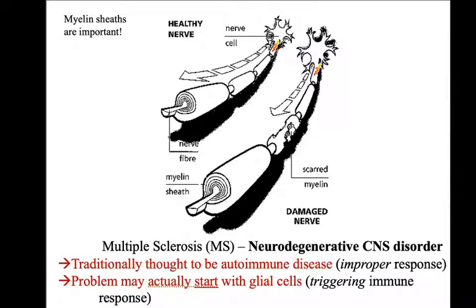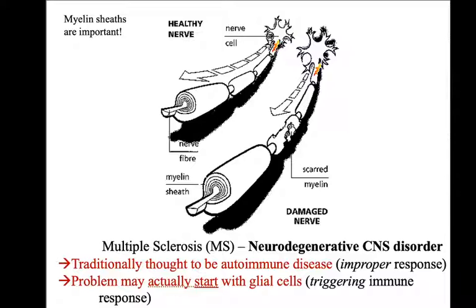Okay, so here we're looking at neurons, and the neuron on the left is myelinated, and the neuron on the right has experienced damage to its nerve.